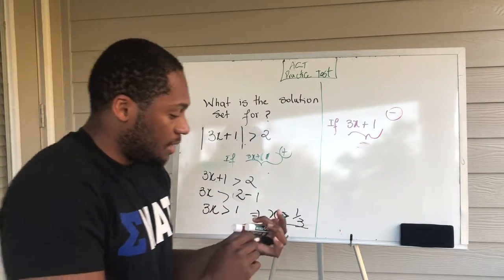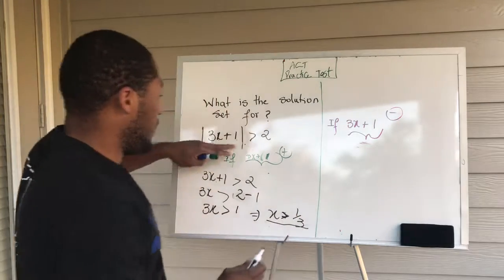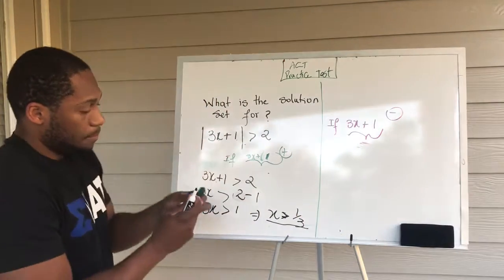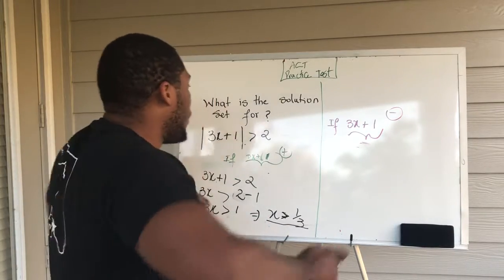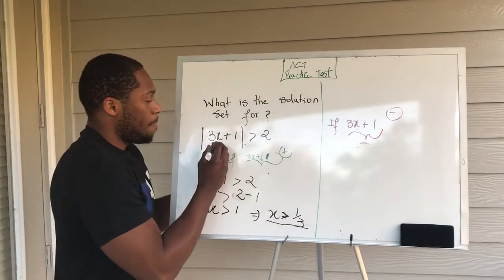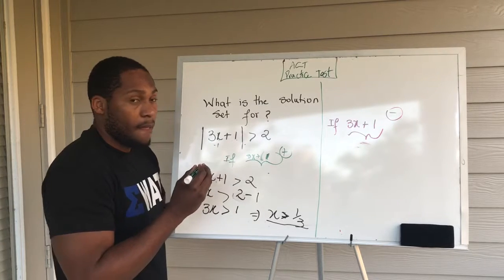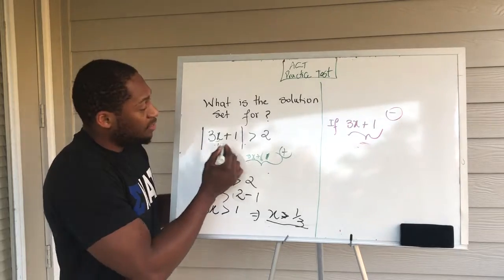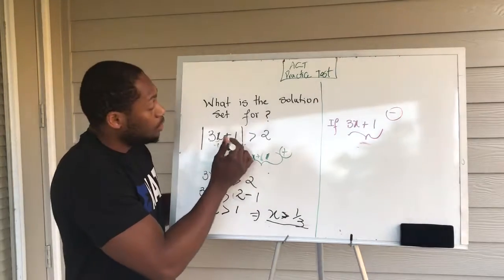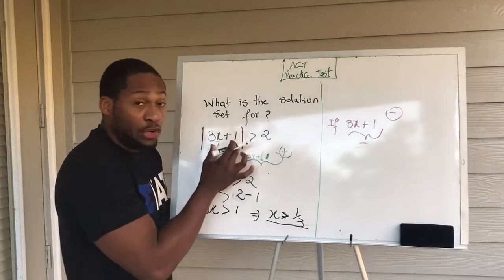So if the thing inside of the parentheses is negative, what I mean by that is, let's say we had negative 1 here. Negative 1 times 3 is negative 3, plus 1, so you're going to have negative 2.